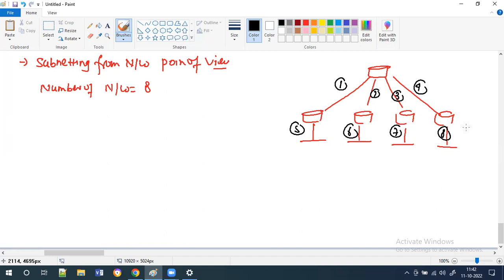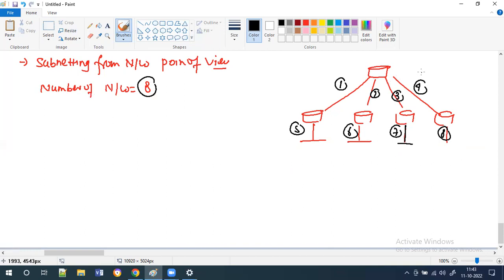And we also had the hosts, let's suppose 16, 30, 12, 20. In the host point of view, we took the maximum number of hosts at the branch office. But this time we'll not consider those things. This time we'll see the total number of networks. So the total number of networks, remove the hosts, this is not required. How many networks do we need? Total 8. So the number of networks is 8 in this diagram.